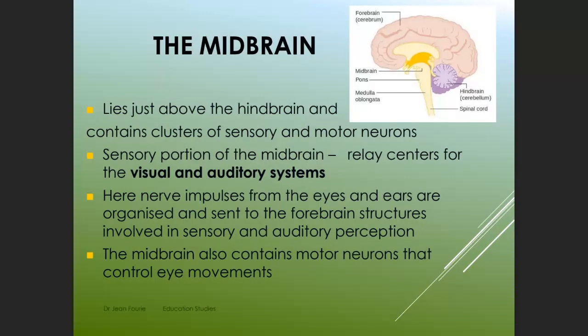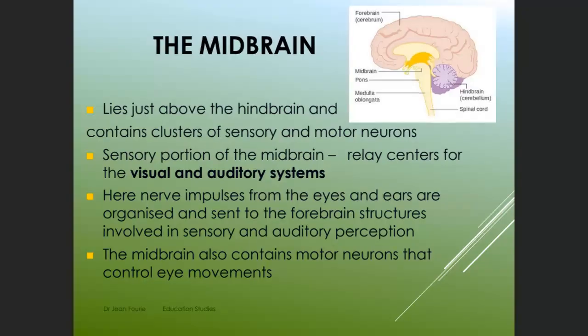The midbrain lies just above the hindbrain and contains large clusters of sensory and motor neurons. It's the relay center, relaying visual and auditory senses coming from the eyes and the ears.